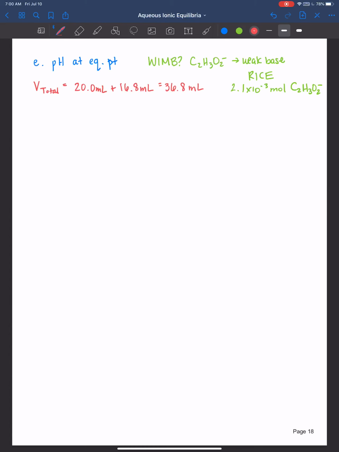So to figure out the concentration that I will use in my weak base equilibria RICE table, I will take the number of moles and divide it by the total volume. Don't forget. So 0.057 molar. That's what's in my beaker initially.